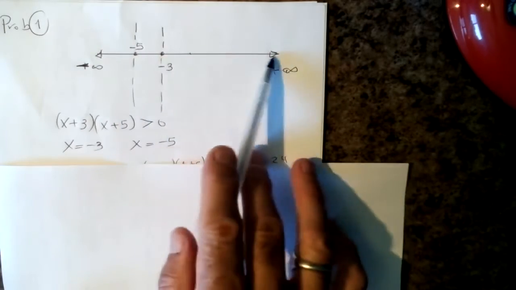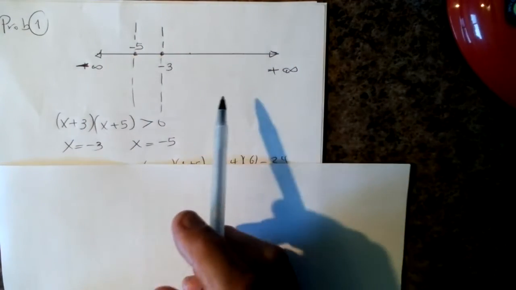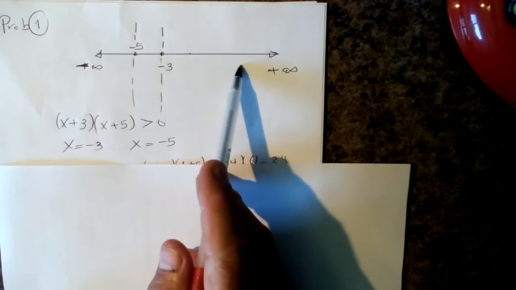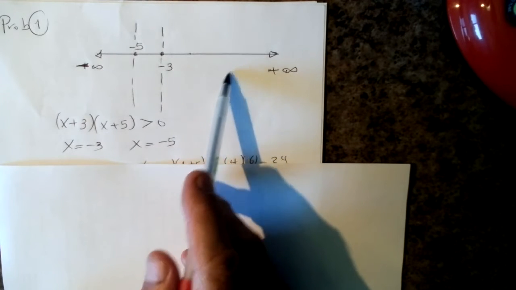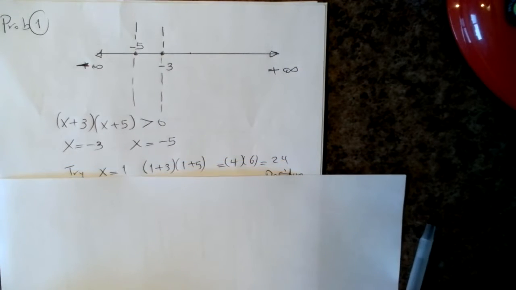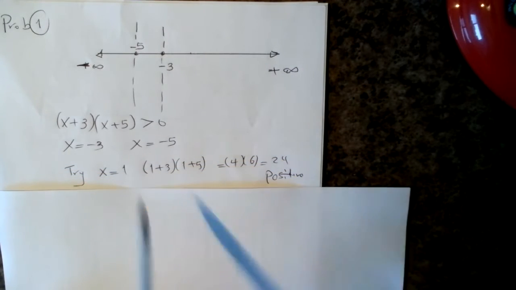You label those on the number line. Now I need to determine whether all the numbers greater than minus 3 make the whole thing positive or negative. For that, you just take a number like x = 1.